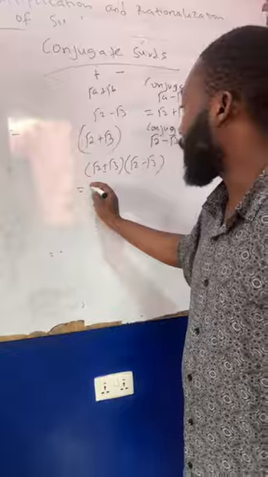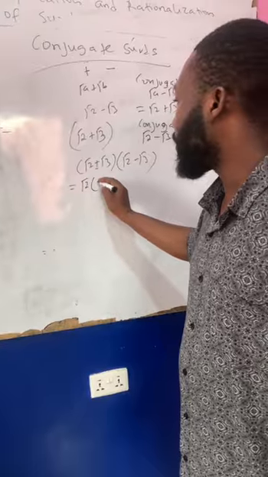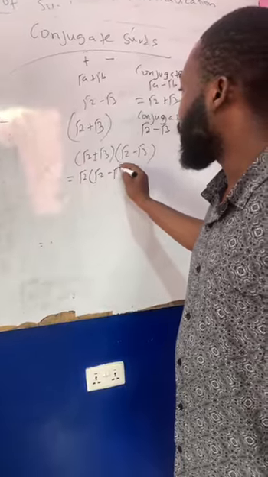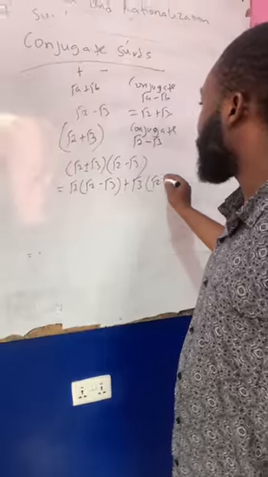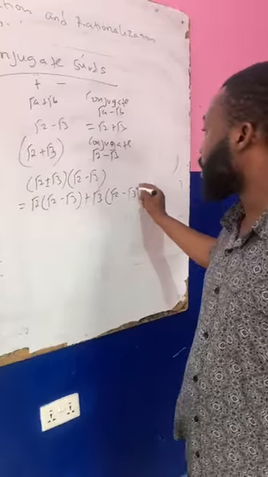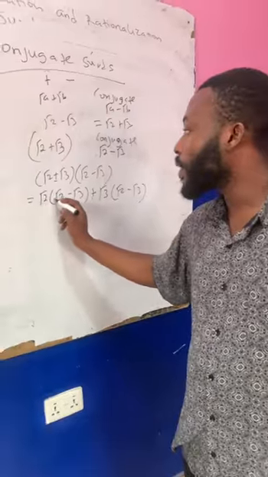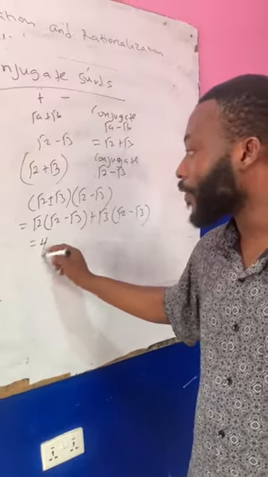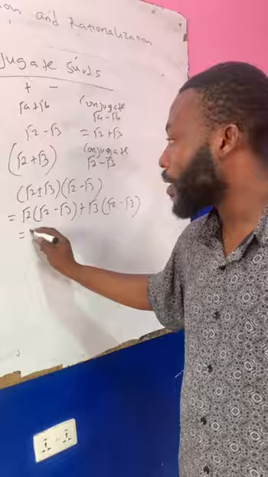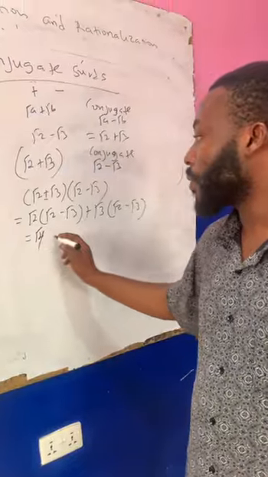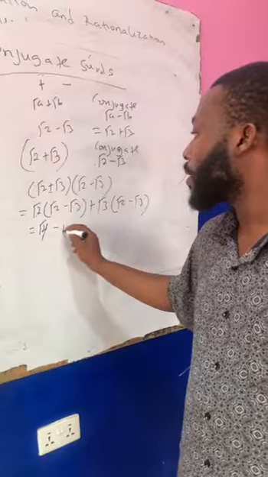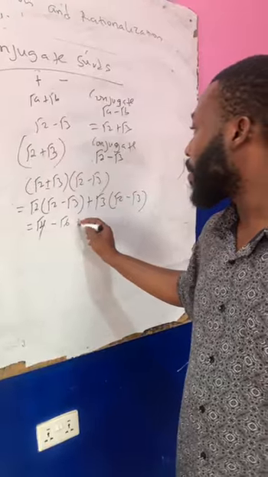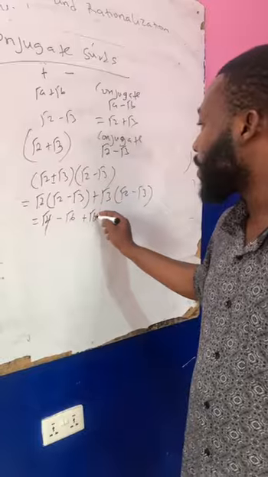So, we can expand, actually. We have root 2 times root 2 minus root 3, plus root 3 times root 2 minus root 3. Root 2 times root 2 will give us root 4, minus root 2 times root 3 will give us root 6, plus root 6.